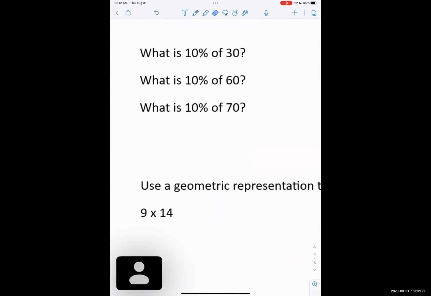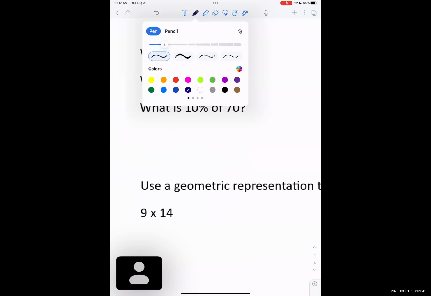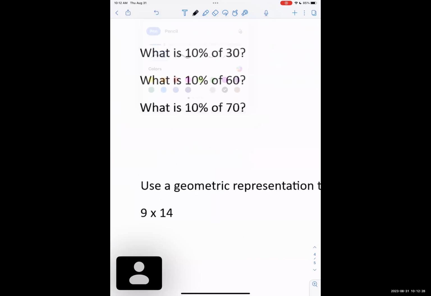Okay, now there's a little pre-algebra review that I want to talk about. 10% of 30. 10% is, what is a decimal? All right, 0.1 or 0.10.